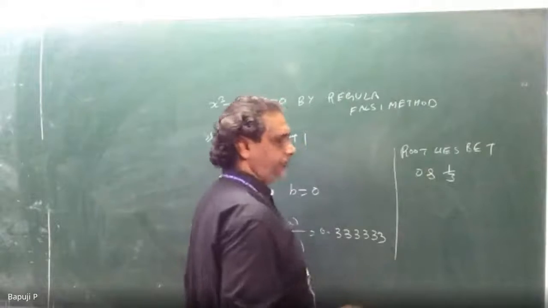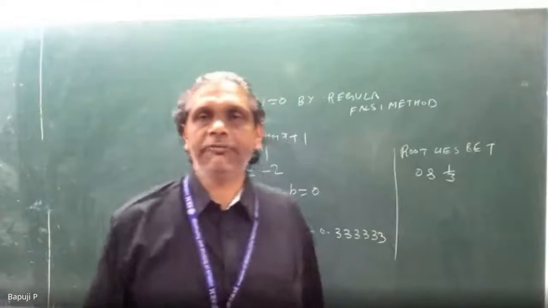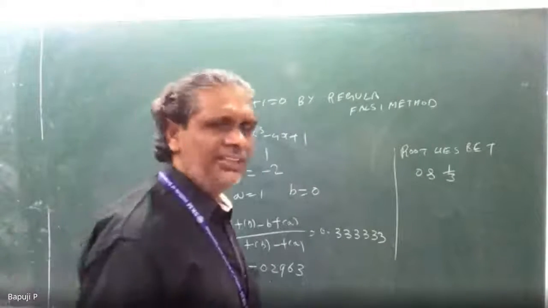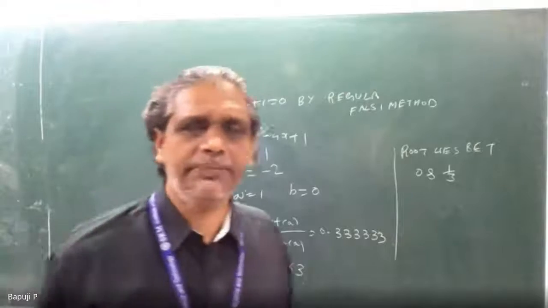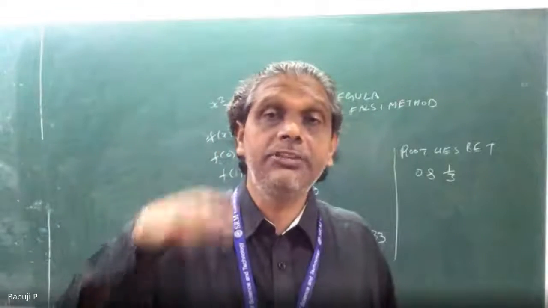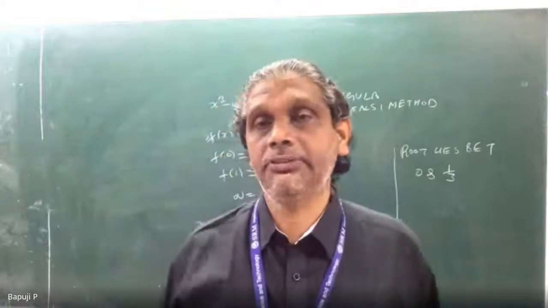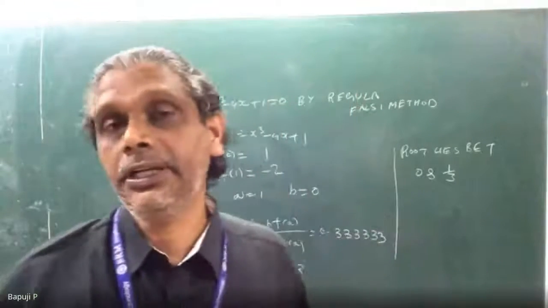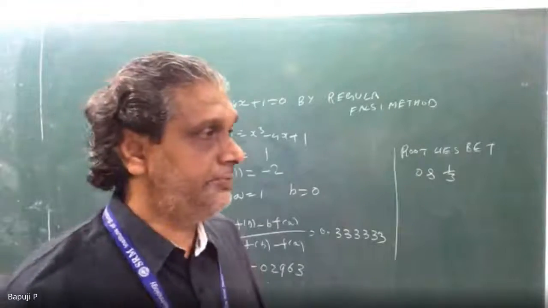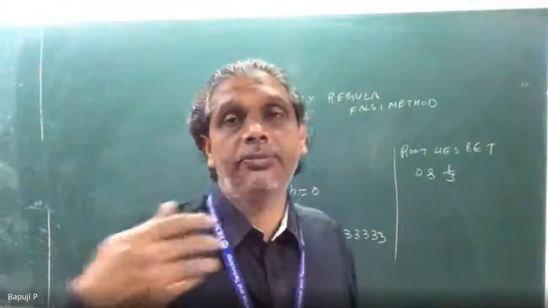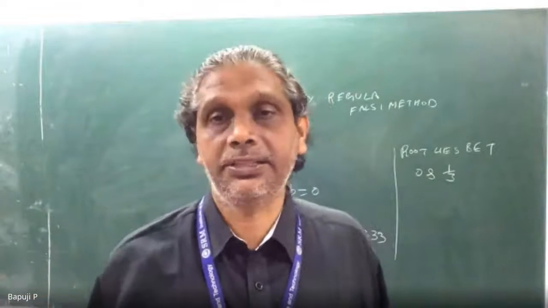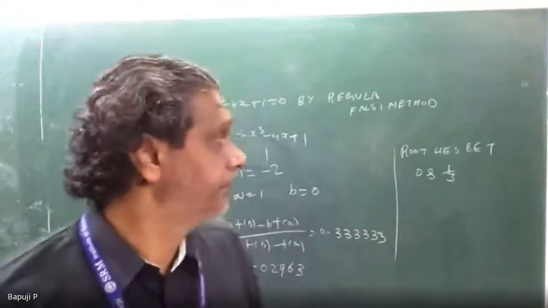Don't worry. Now again you can do a into f of b. It doesn't matter who takes a and who takes b, but remember which is negative, at what value negative, and what value positive. That is important. If you take it reversely, numerator is minus, denominator is minus, minus minus becomes plus. That doesn't matter.